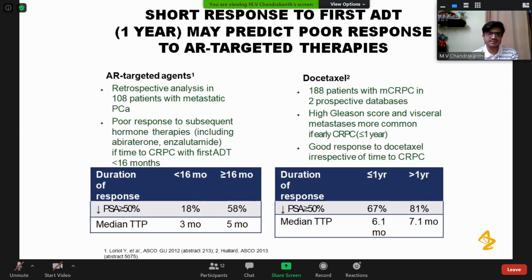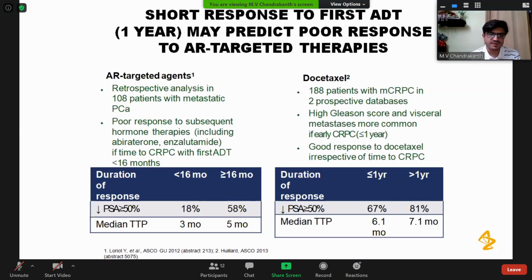If the progression-free interval is less than 1 year, that means this is sort of a hormone-resistant disease. It's a hormone-resistant CRPC because within 1 year, if it is progressing, it is very unlikely that further hormonal agents are going to act.